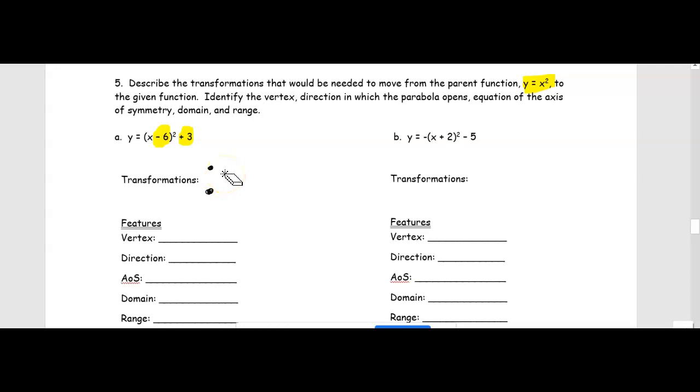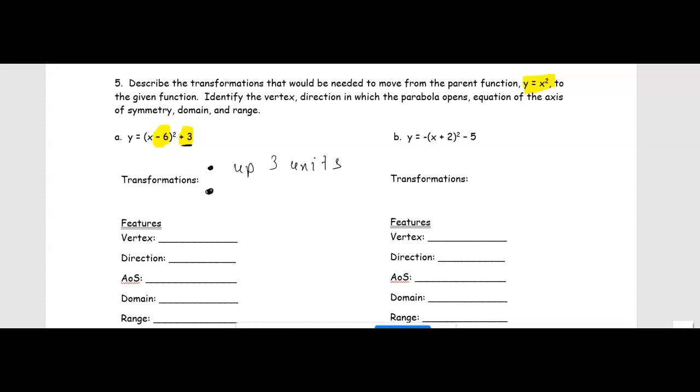Anybody want to give me one of them that just happened to our parabola? How did this get changed? All right, Bisher, give me one. Good. So he said it's going to go up 3 units. So it's the one that we just did before. Tacking on a +3 at the end will move us up 3.